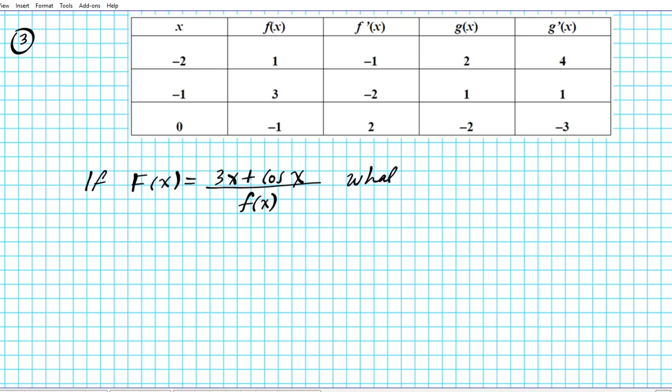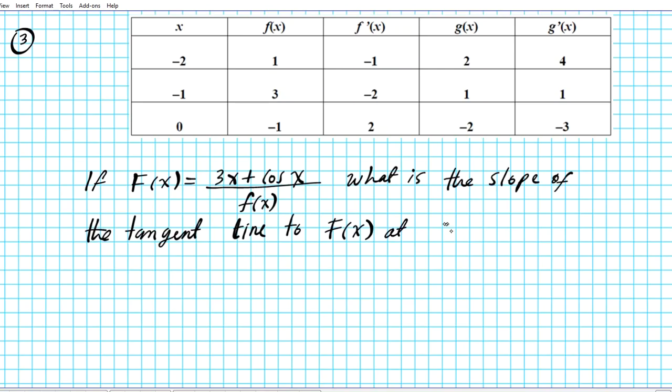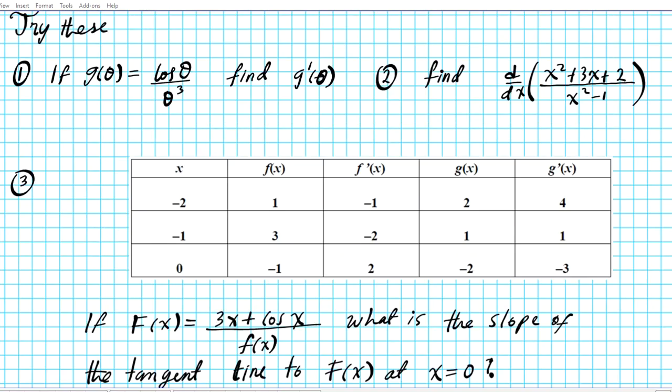The question is, what is the slope of the tangent line to big F of x at x equals 0? So you can pause the video at this time. Go ahead and solve these 3 problems, and I will be showing you what the answer is momentarily.